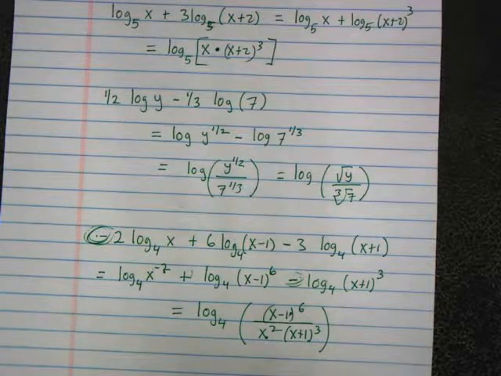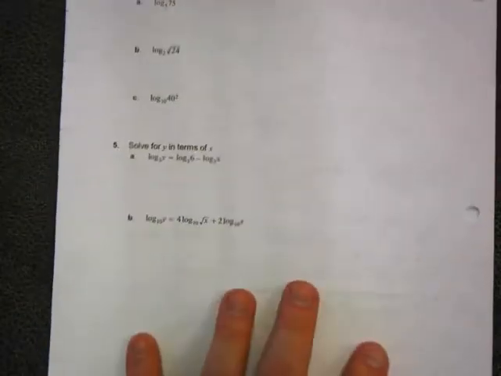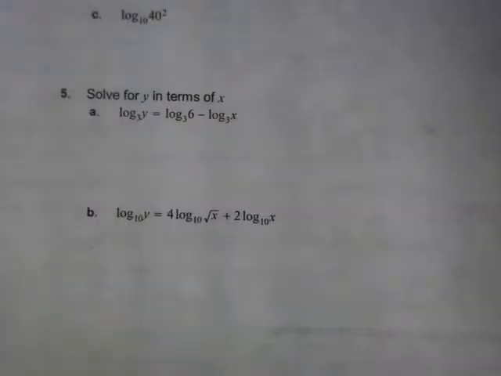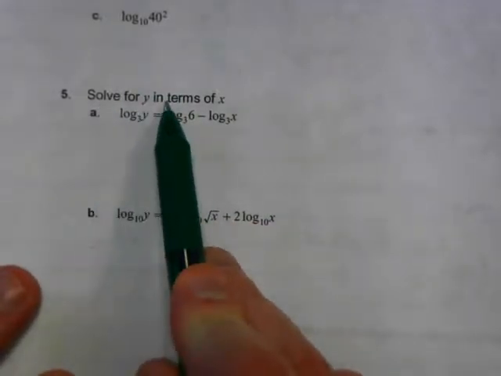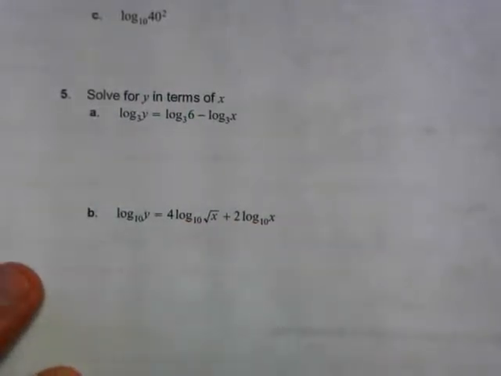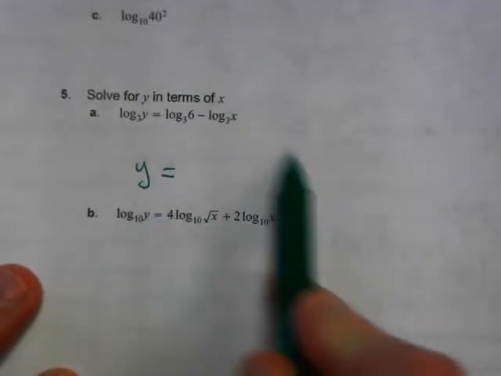All right, the last thing in this section, and I'm going to steal a couple off this worksheet to make it easier for me. It says solve for y in terms of x. What does that mean? When I get all done, what should my answer look like? It should be y equals something with a bunch of x's in it.